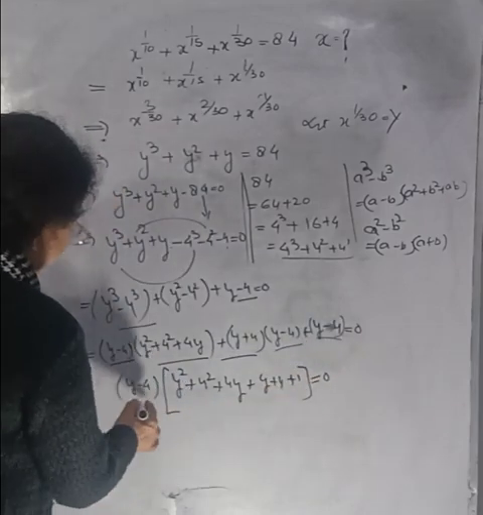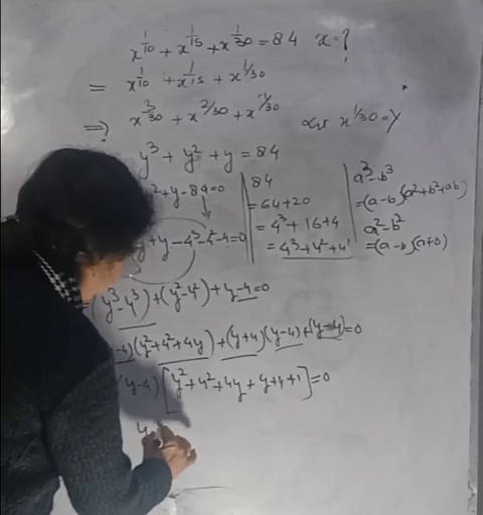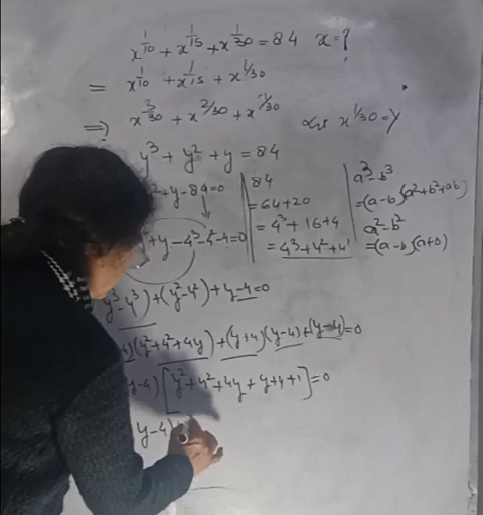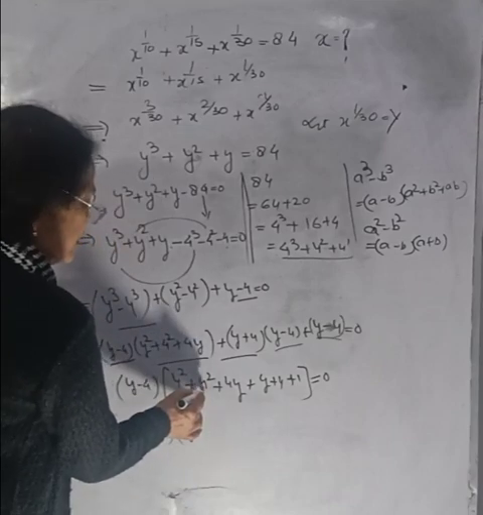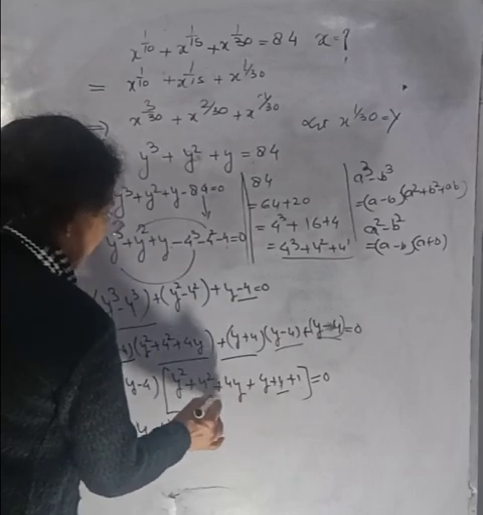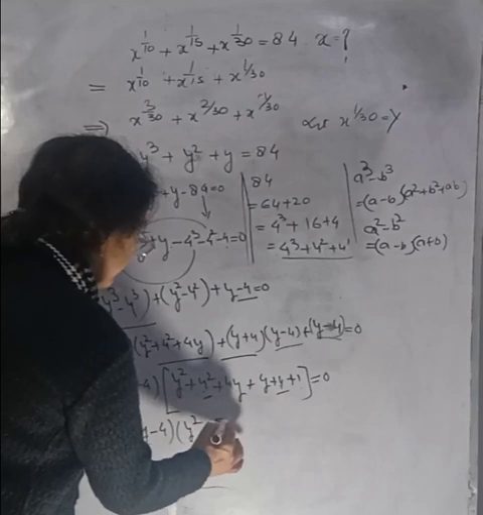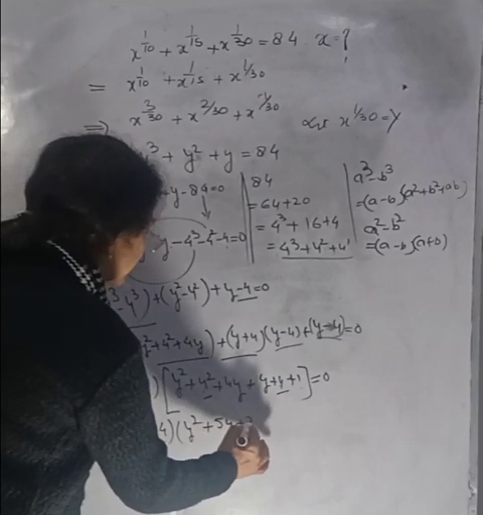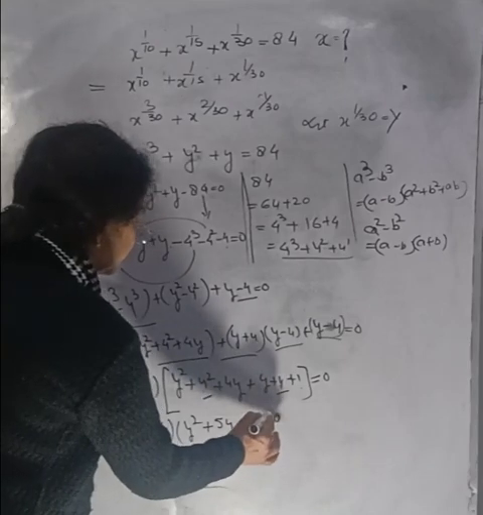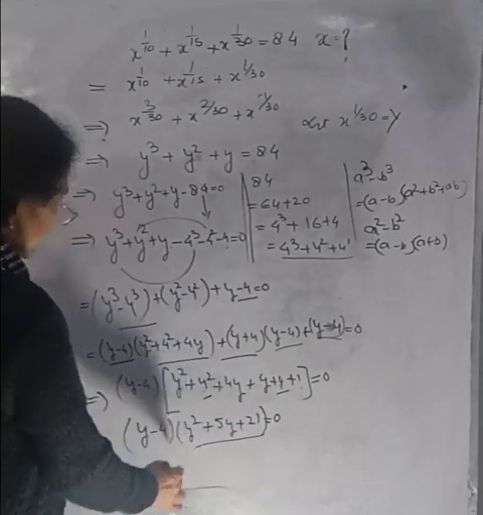So we have two factors of this equation: y minus 4 into (y square plus 16 plus 4, that is 20, plus 1, that is 21, and 4 plus 1 is 5y), that is y square plus 5y plus 21 is equal to 0. From here we can get the values of y.